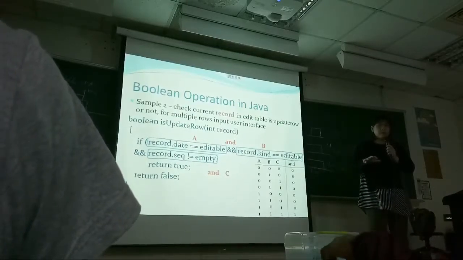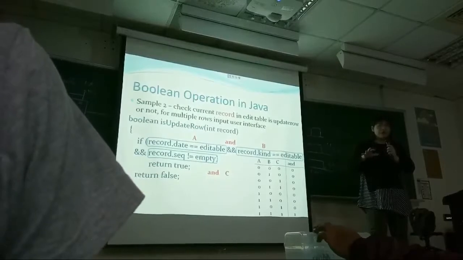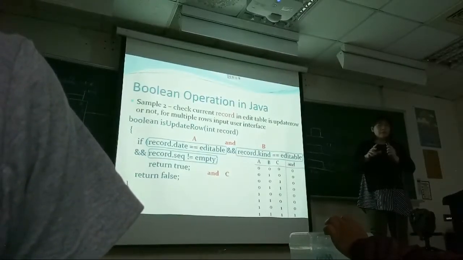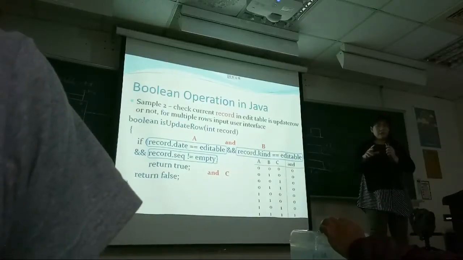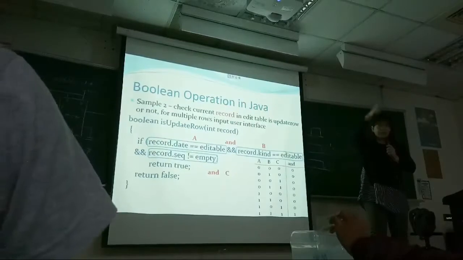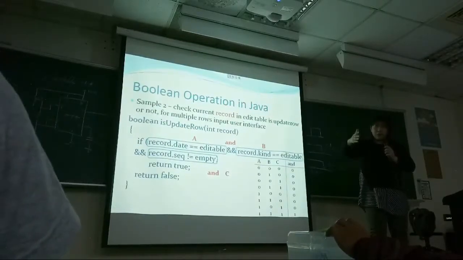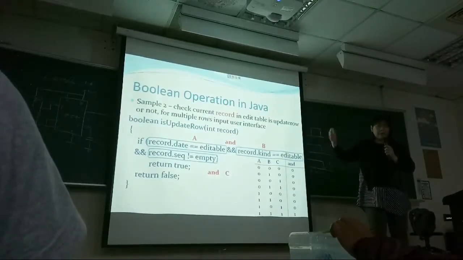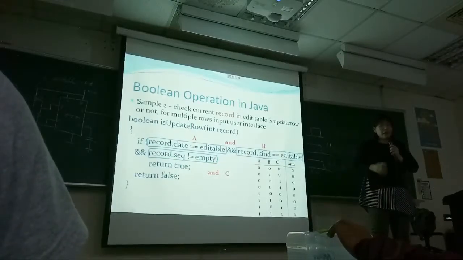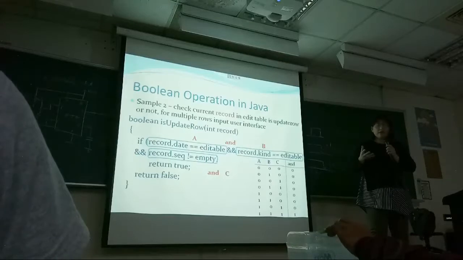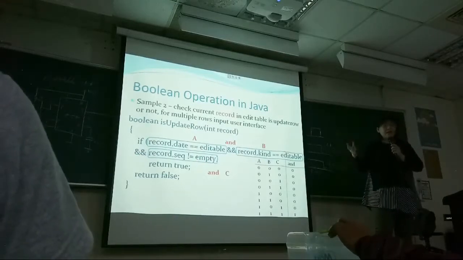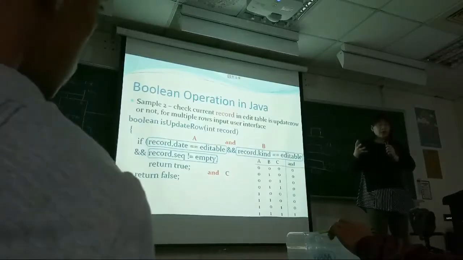If you want to check for errors, I use OR: if error 1 or error 2 or error 3, then it means error. So I use OR in a lot of error checks, and I use AND in a lot of do-something checks.